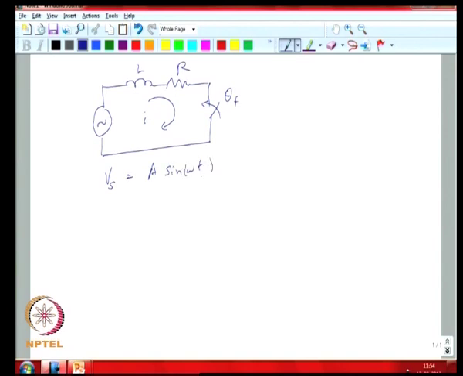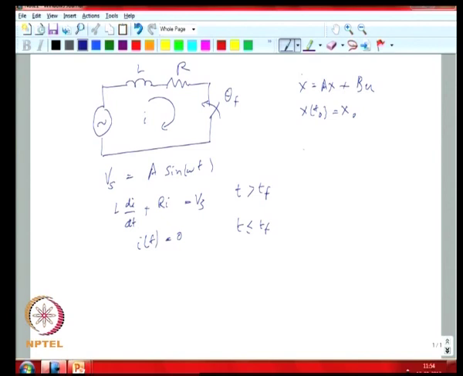So, a sinusoidal voltage, and the circuit equation is simple, L di by dt plus Ri is Vs for t greater than Tf, and we know that i of t equal to 0 for t less than or equal to Tf, the time at which the fault occurred. So, you can write this in a dynamic equation form. So, x dot is equal to Ax plus Bu, and x at t naught is some x naught.